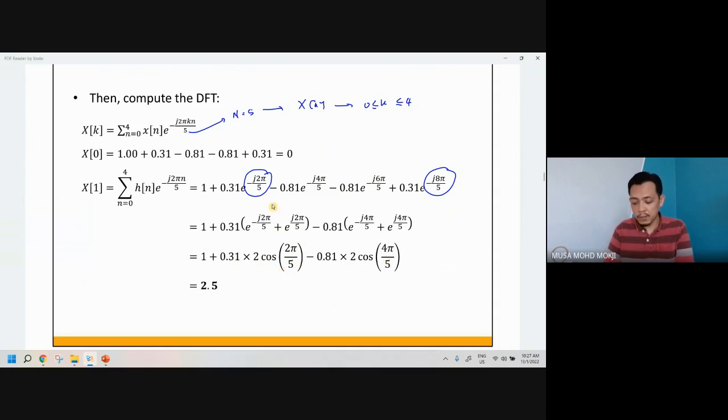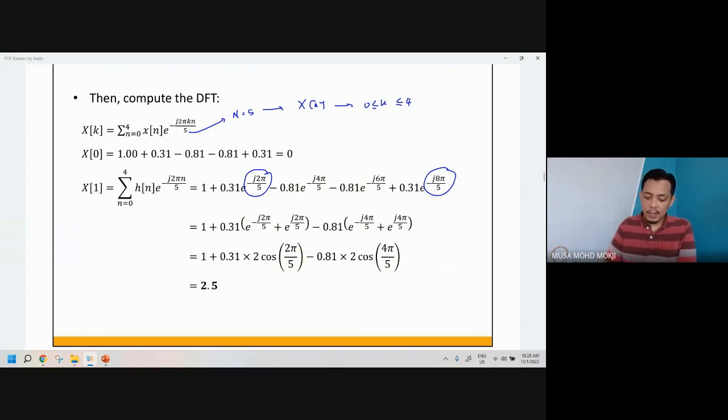Of course, you can solve this one by one, no problem: cos minus j sine for each term. If you do that, you need 8 terms, plus this one, 9 terms. But if you group them, it will be much easier to solve.